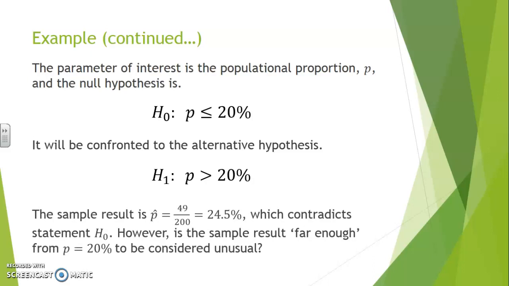The sample result, 49 over 200, provides us with a p-hat, a sample proportion of 24.5%, which contradicts H0. However, is the sample result far enough from p equals 20% to be considered unusually far?